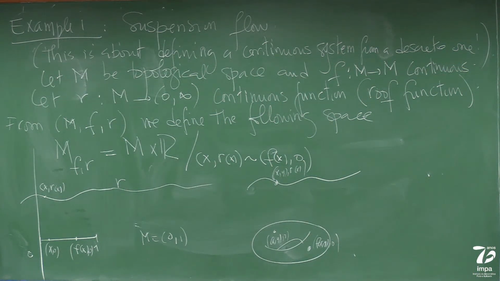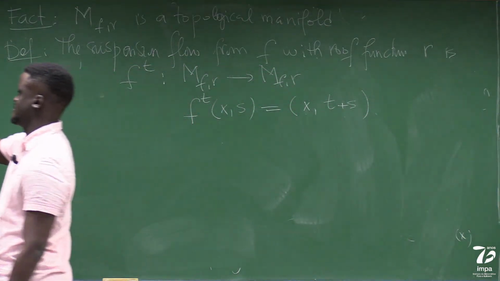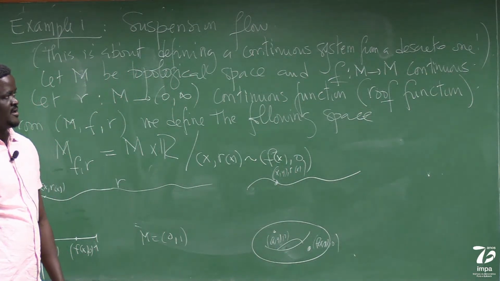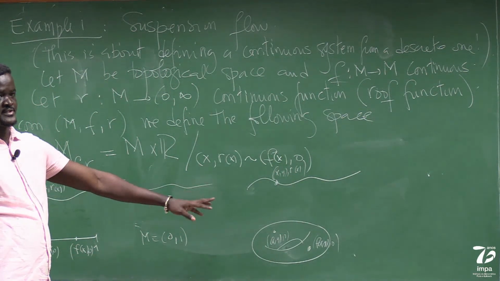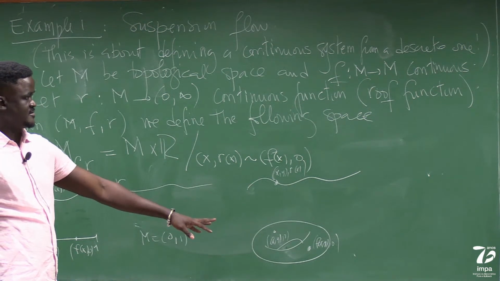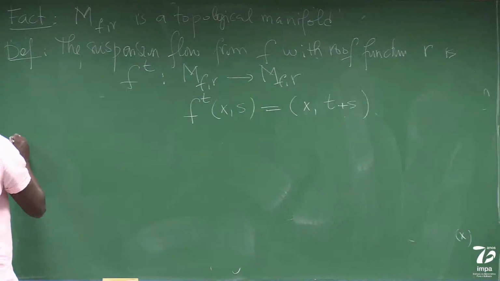What is the relationship between this flow F_t and f, the map that we started with? See that f is nothing but the first return map.